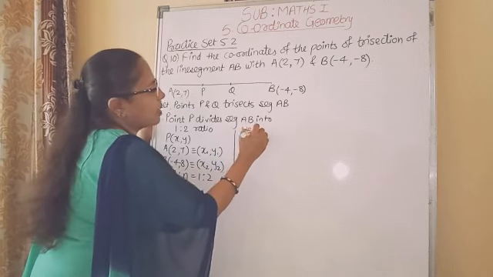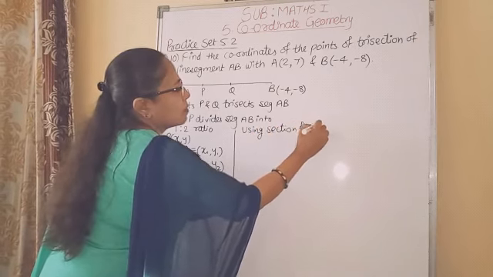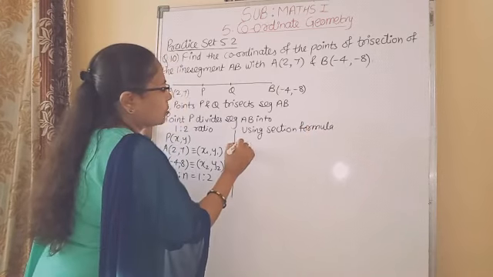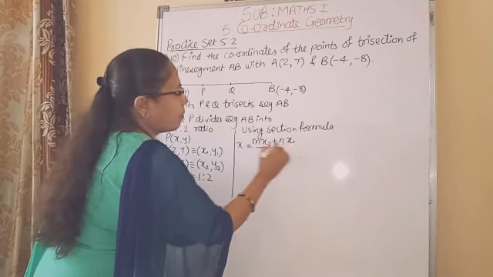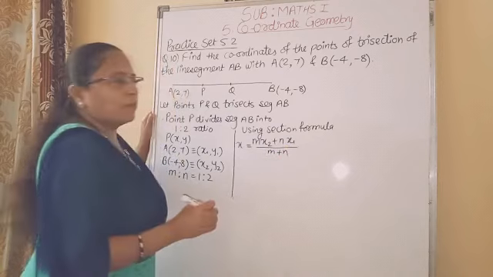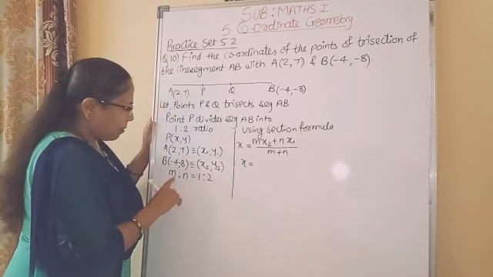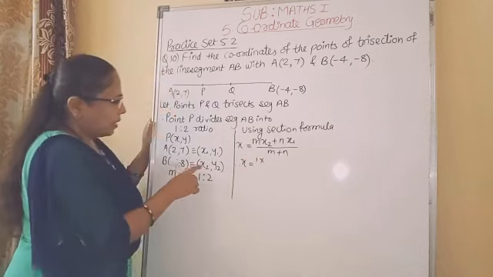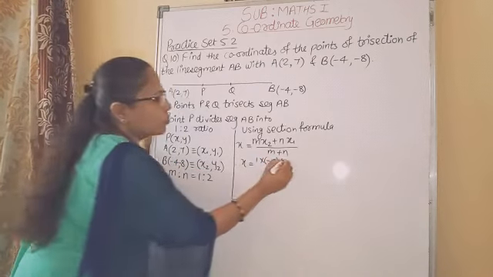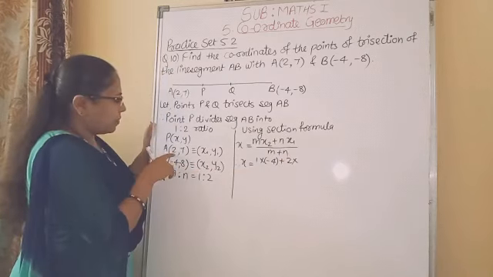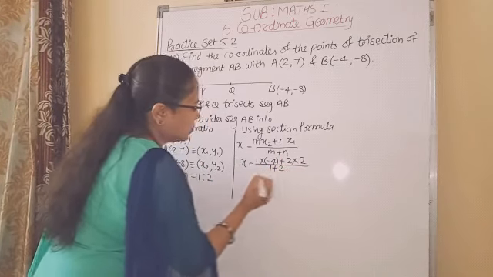Using the section formula, the x coordinate has the formula (mx2 plus nx1) upon (m plus n). I hope you have memorized the formula. Therefore x is equal to m equal to 1, x2 equal to -4, n equal to 2 and x1 is equal to 2, upon 1 plus 2.